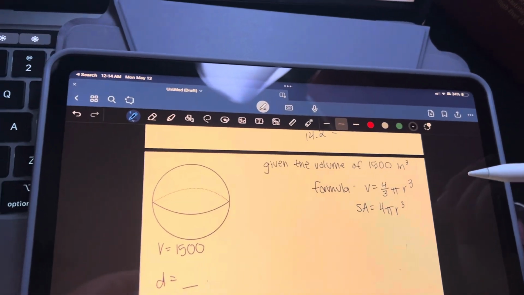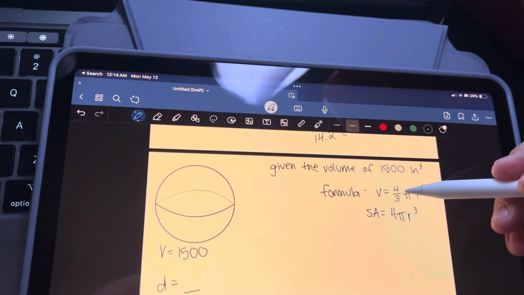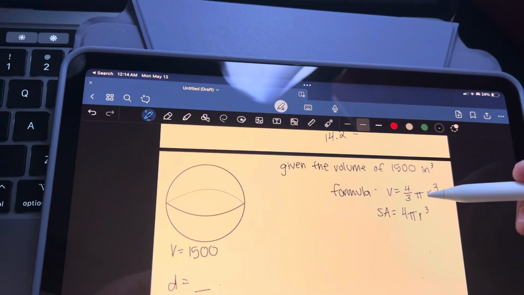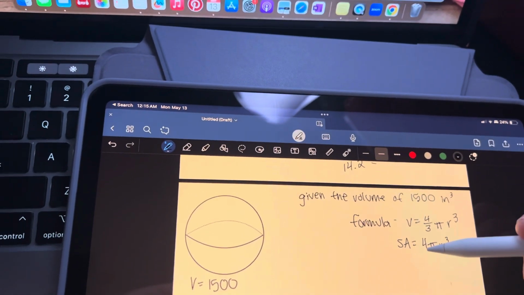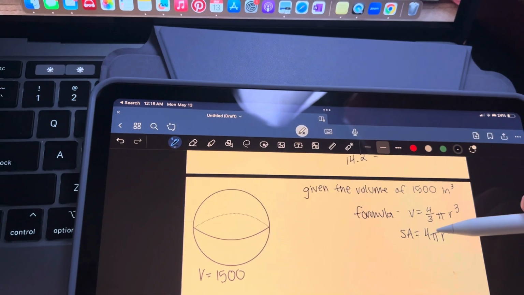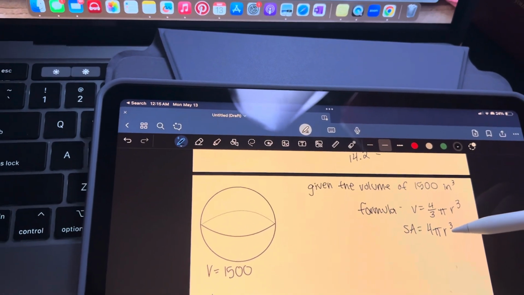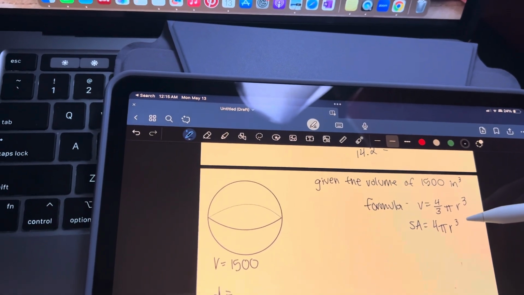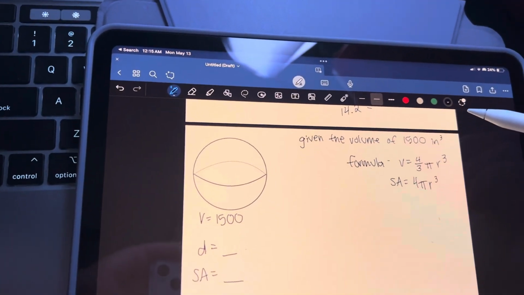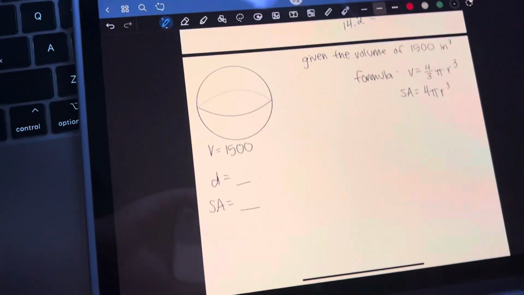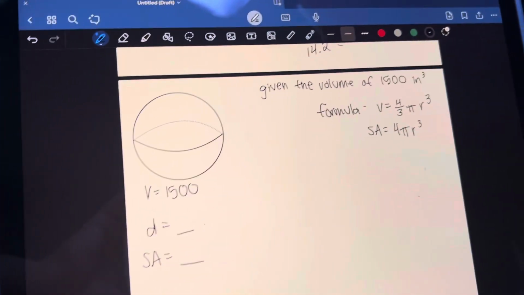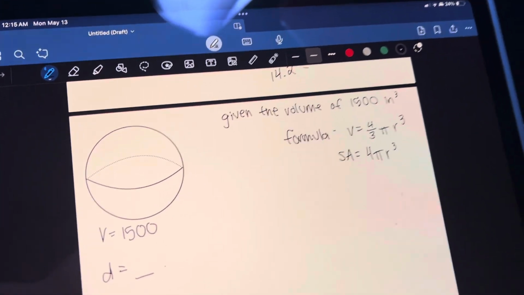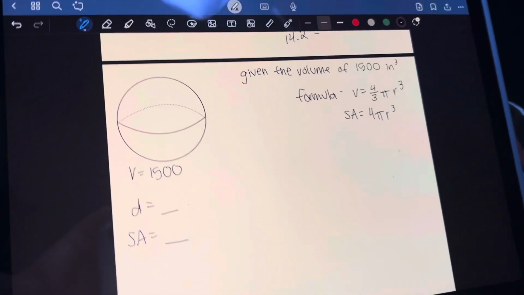We also have the formula of 4/3 pi radius cubed for volume, and then surface area, which is 4 times pi times r to the third power. Since we know volume, we need to use the volume to figure out what the radius is, which we can then work off from to get diameter.